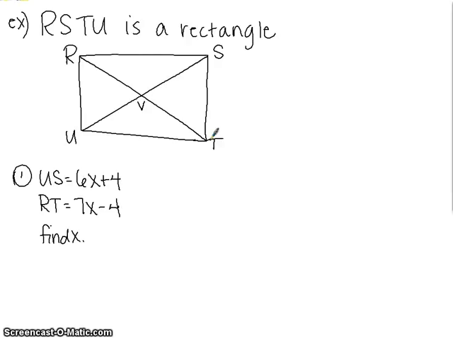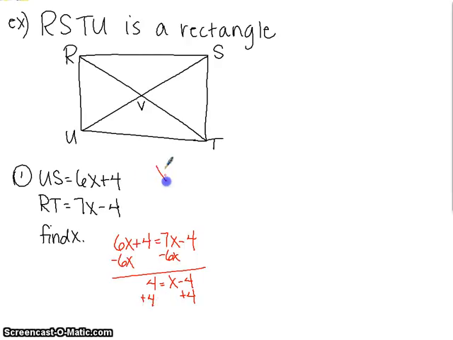So we can set these two segments equal to each other to find x. 6x plus 4 equals 7x minus 4. I'm going to subtract the 6x from both sides. So we get 4 equals x minus 4, and then we just have to add 4. So x equals 8. And in this one, that's all we had to find.